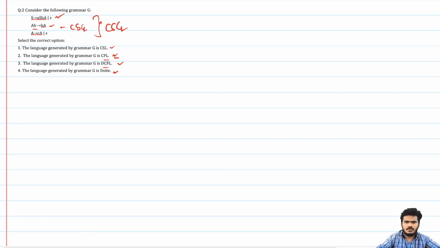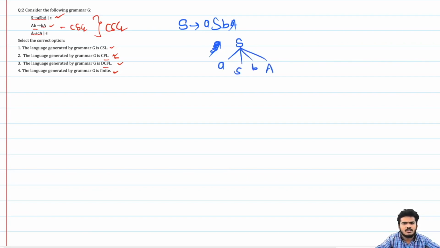Now we will take the productions. The first production is S producing A, S, B, A. We will try to find what this production is actually deriving. So S is producing A, S, B and A. Suppose I write it like this.